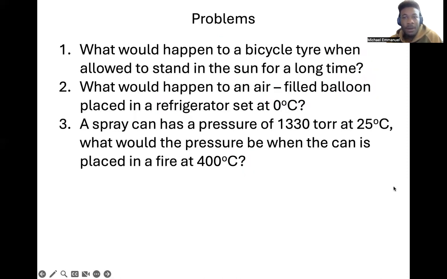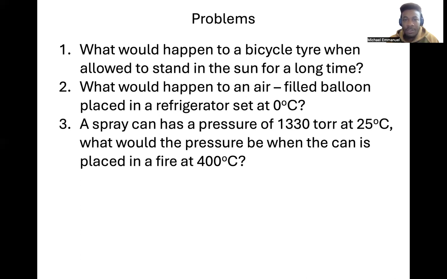Then we look at a few problems, and these include what would happen to a bicycle tire when allowed to stand in the sun for a long time? That is, if you keep the bicycle tire outside in the sun, the temperature increases and the temperature of the gases in the tire also increases.